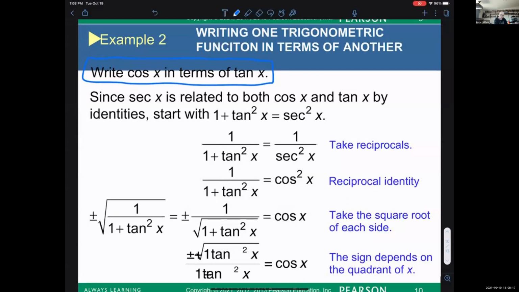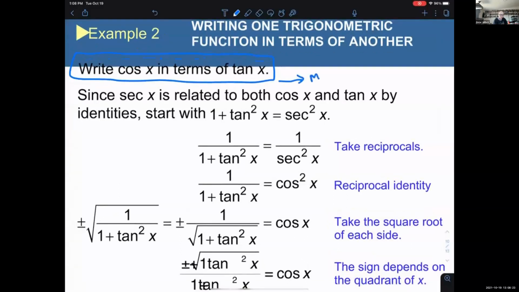So what does that mean? When they say to write one function in terms of another, that means you want to write cosine x is equal, and then you want to have some expression that has only tan x as a trig function in it.